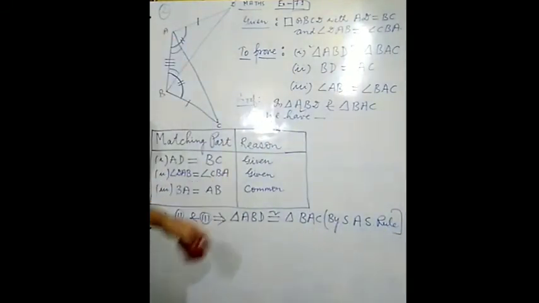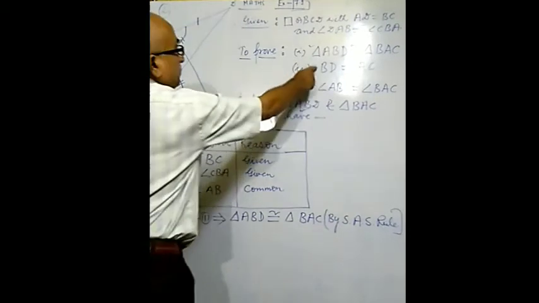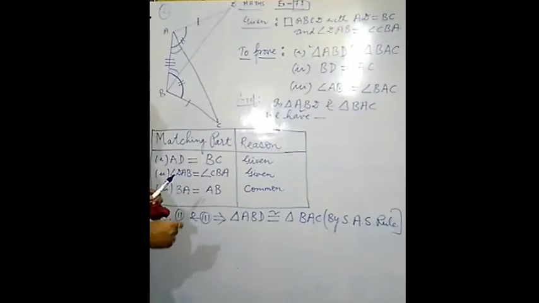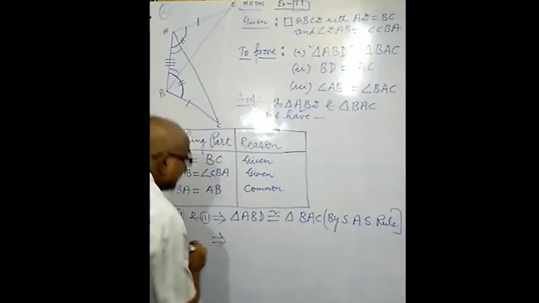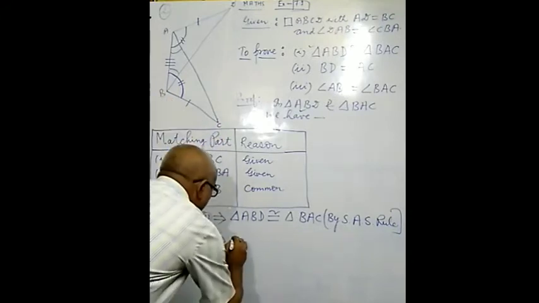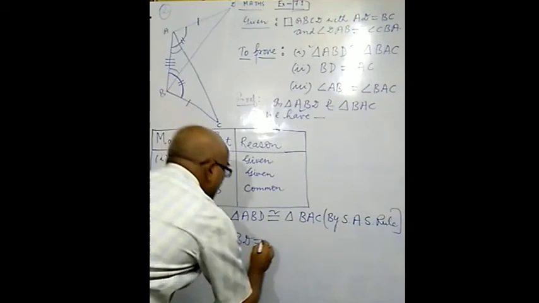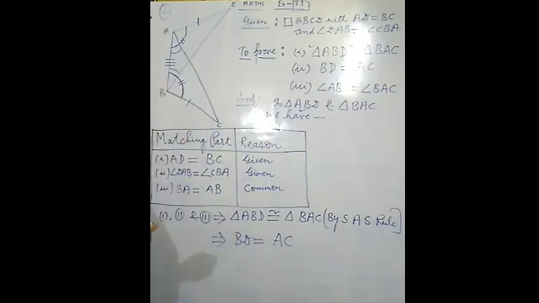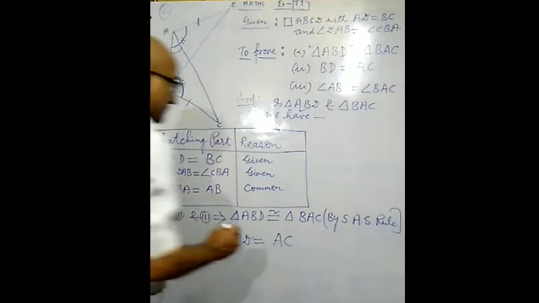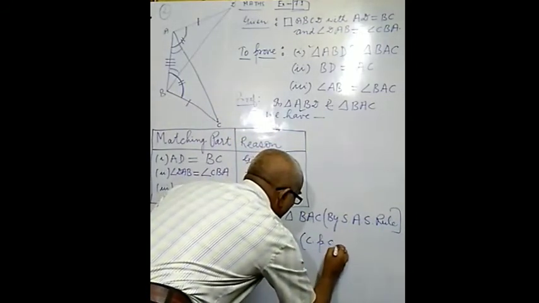Now the upper triangle is congruent to this one, so both will be proved by CPCT. So this implies BD equals AC, and how can we say BD equals AC? This one is CPCT.